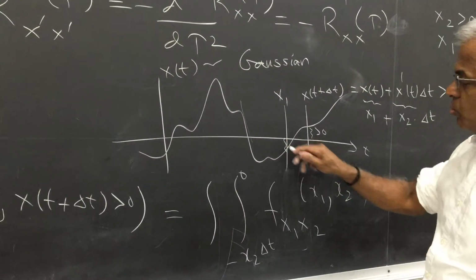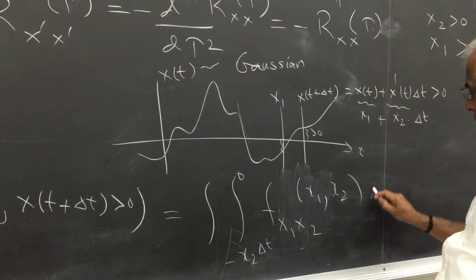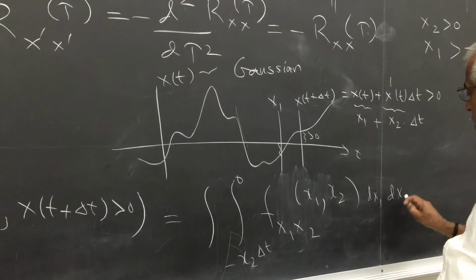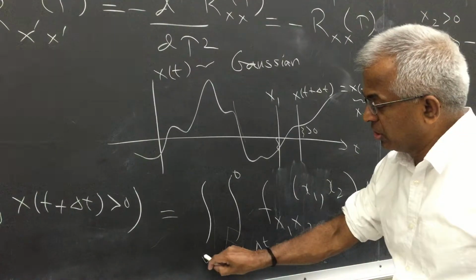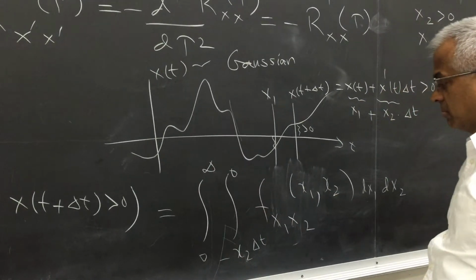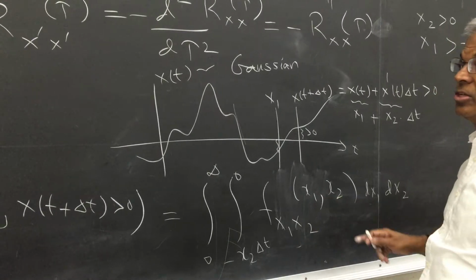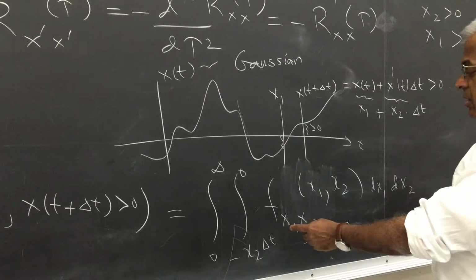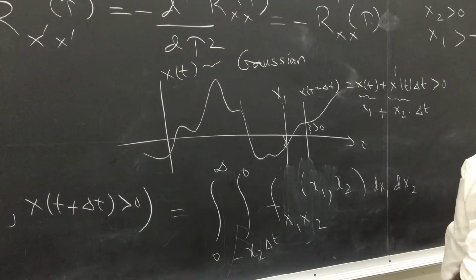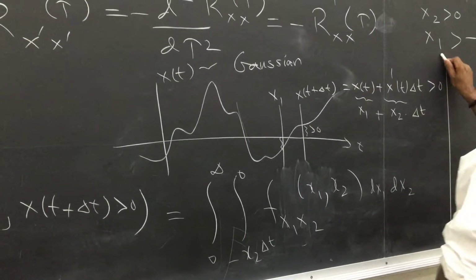And x2, on the other hand, is the derivative, which needs to be positive. This density function will split up because we just proved that in the Gaussian case x1 and x2 are independent.